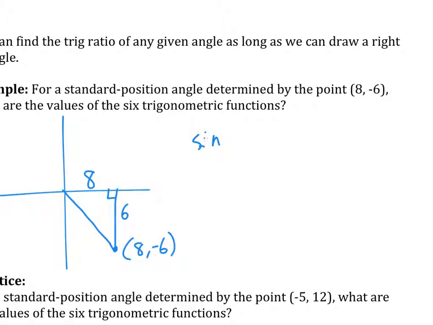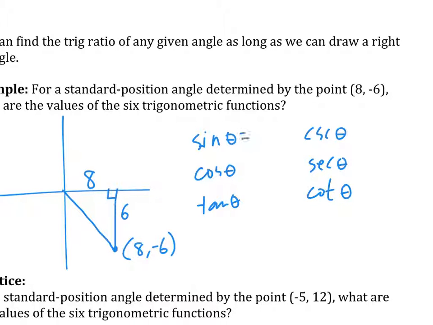Where are the 6 trig functions? 6 trig functions means sine, cosine, tangent, and all their reciprocals. It depends on what angle we're talking about. We are always talking about the angle that's closest to the origin. Actually, in this case, let's put -6, so then we don't have to do extra work.